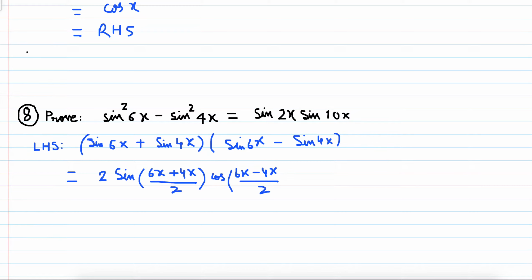So this is our first term, sin 6x plus sin 4x.